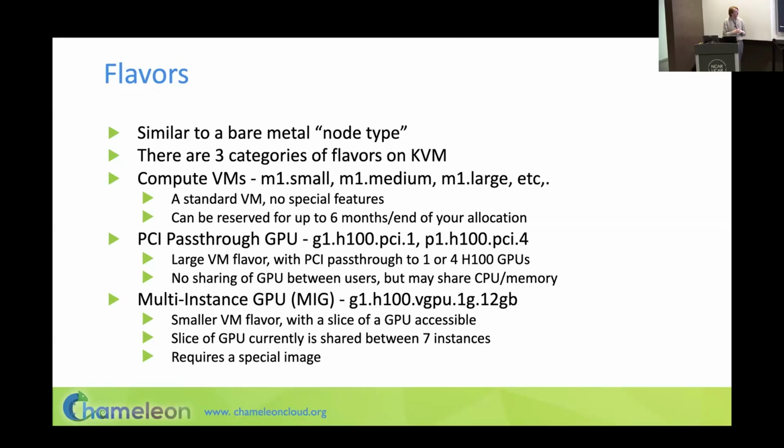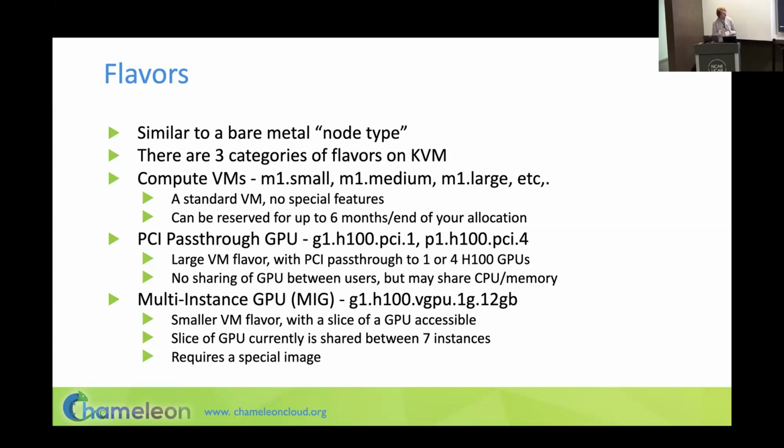So you're not sharing a GPU here, but you are sharing the CPU and memory with other users potentially. The hardware that these run on has 4 H100s. So if you reserve the PCI-4 flavor, you're going to be the only VM on that hardware, but it's still via the hypervisor. We do have H100s on bare metal now.